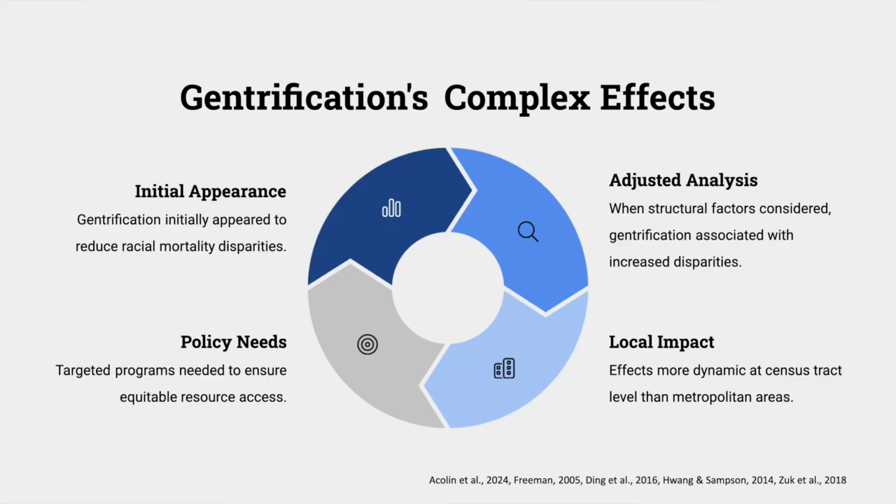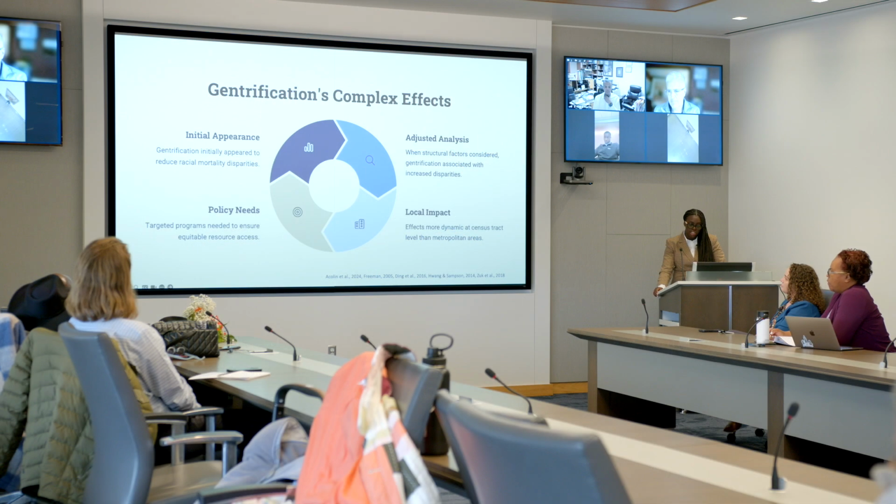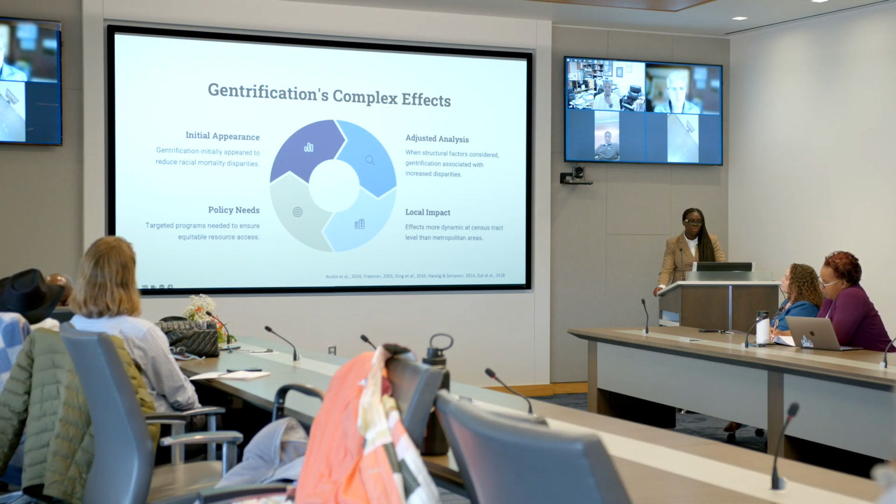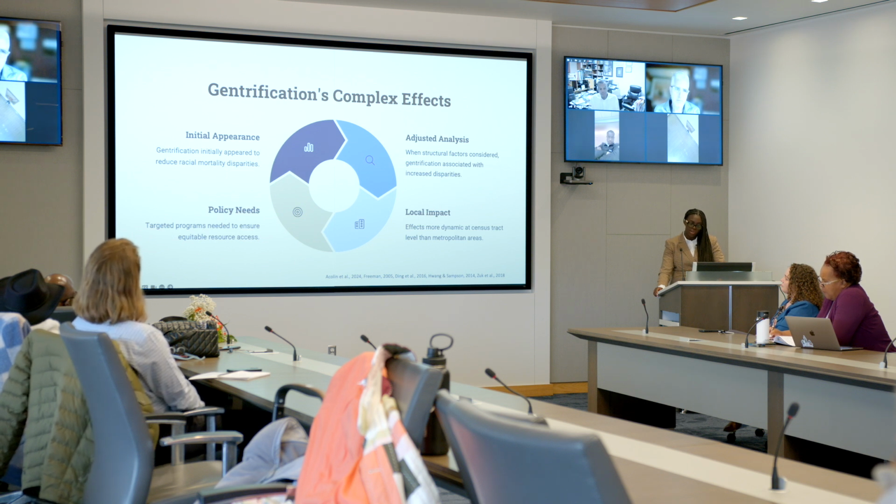Gentrification, once again, presented a complex picture. Gentrification is complex. Initially, it appeared to reduce health disparities and racial mortality disparities due to improvements in infrastructure and reduced crime. However, after adjusting for structural factors, the association reversed, showing an increase in disparities due to displacement.